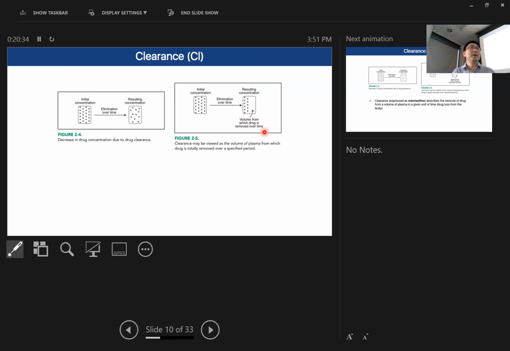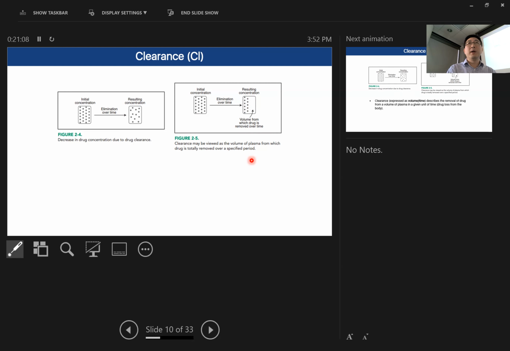I know it's a little bit confusing, but they look at this in two ways. You either have no drug molecules at all, or you have the same concentration of drug in the volume. That's how they deal with this. That's why when they say clearance, it's about clearing the volume. It's not clearing the drug or the drug molecule.